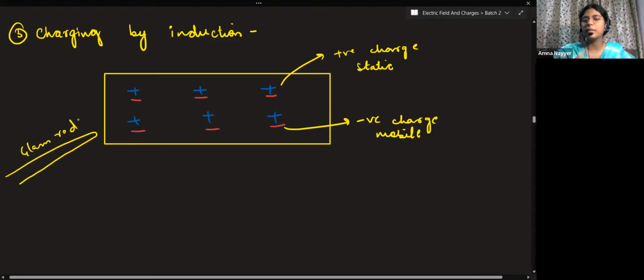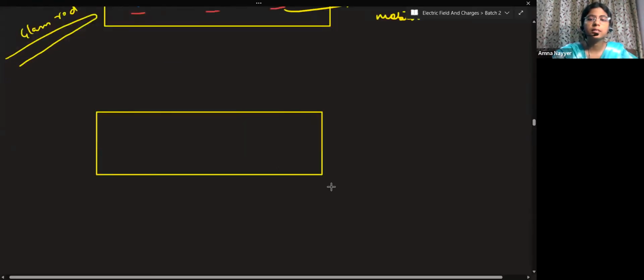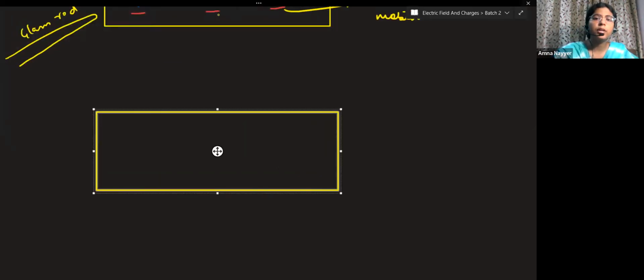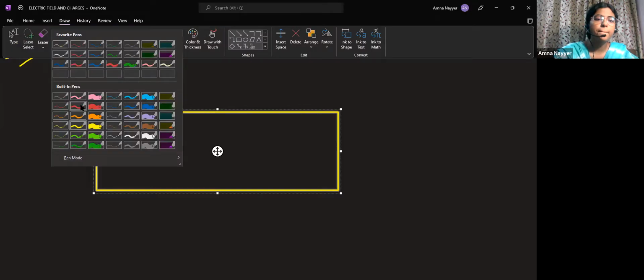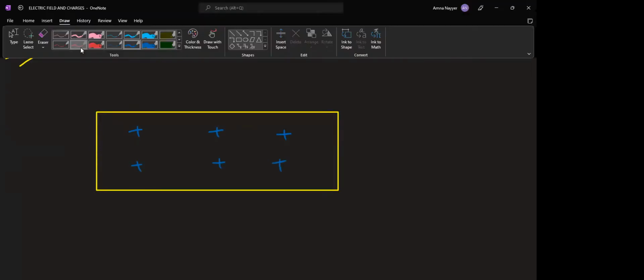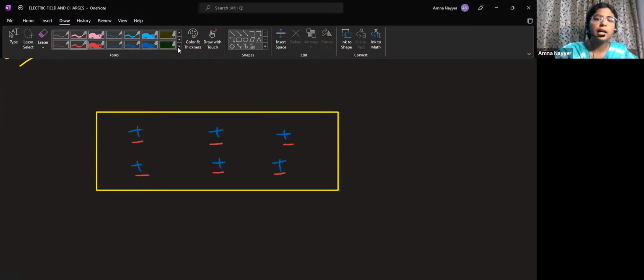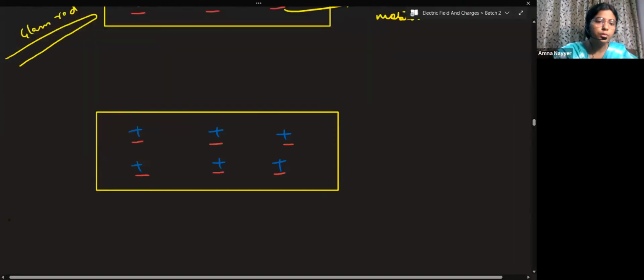So there must be some charges residing on the glass rod. Let's say this is the body. These were the charges present. Now a glass rod has been introduced.